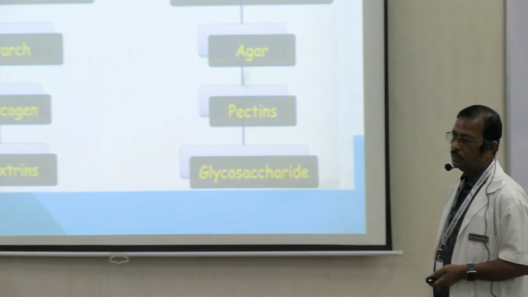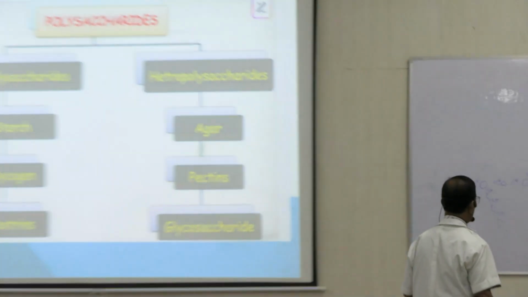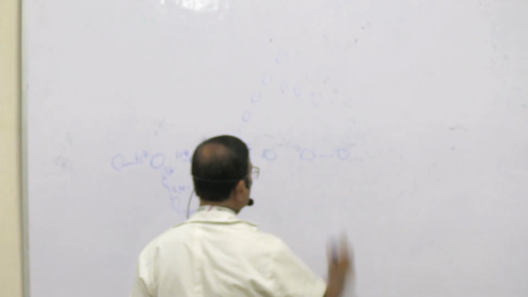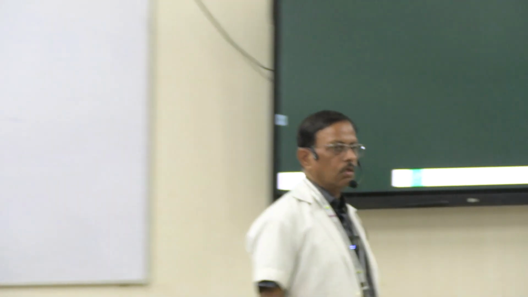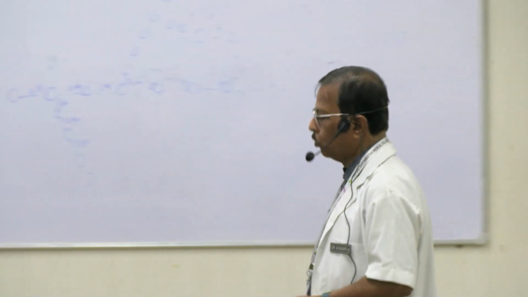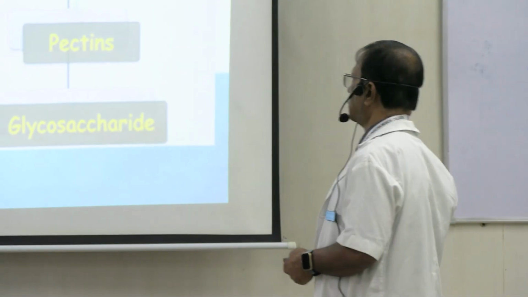So in a polysaccharide, there are multiple monosaccharides. These monosaccharides may be of a single type, say all glucose, or all fructose. When the monosaccharides are of the same type, they are called homopolysaccharides.